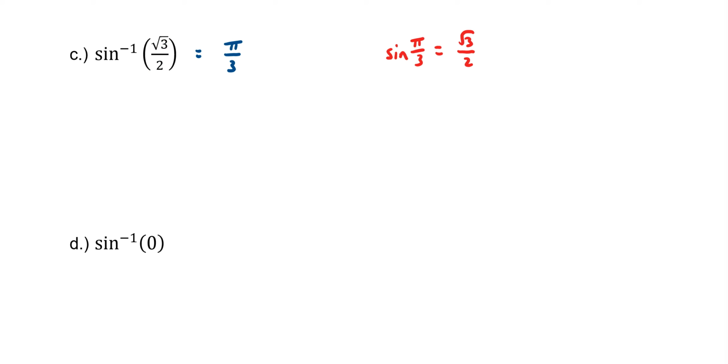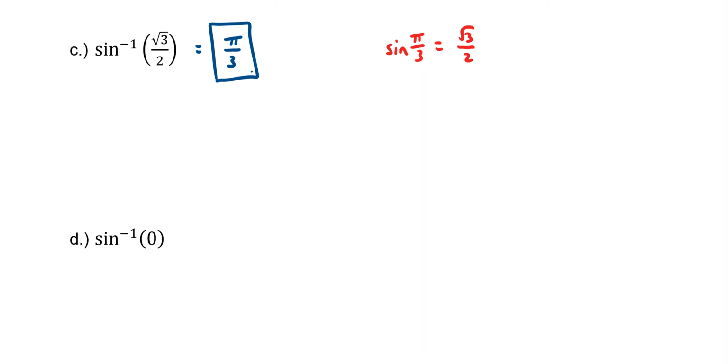So sine inverse of radical 3 over 2 is just pi over 3. So once again, just thinking backwards, the answers to these inverse questions are going to be angles. Also notice that I'm putting these answers in radians. So you should basically always have these answers in radians unless the question asks you specifically for degrees.